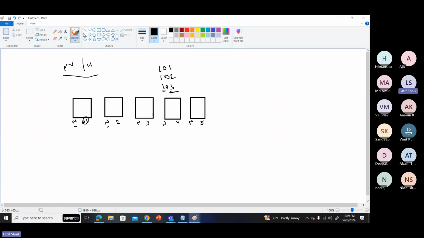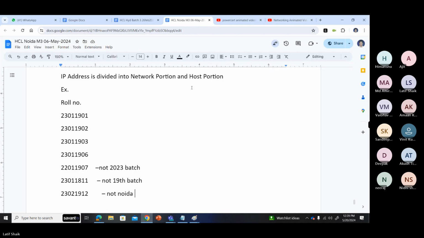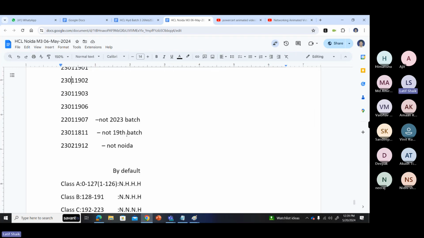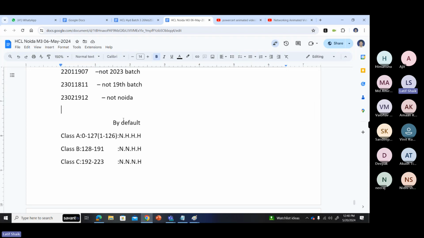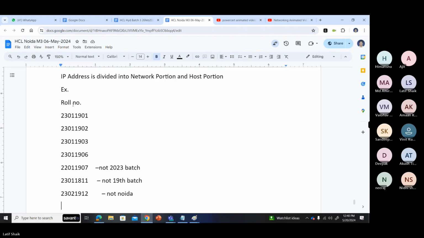The network number makes all the devices belong to this specific network, and this is the host identification.